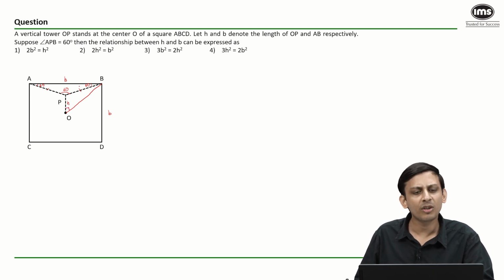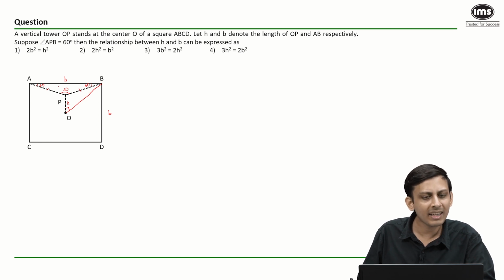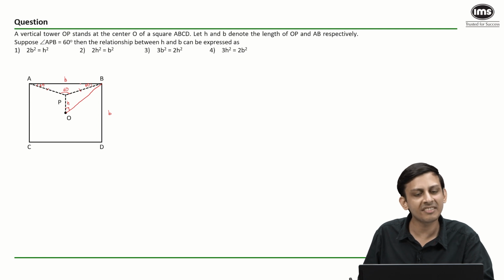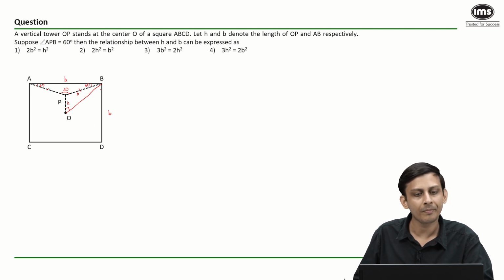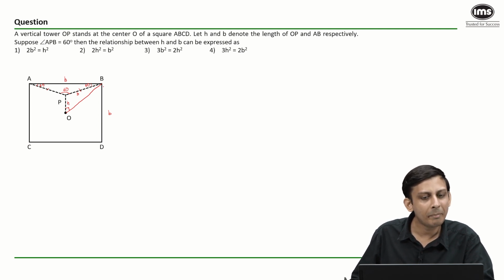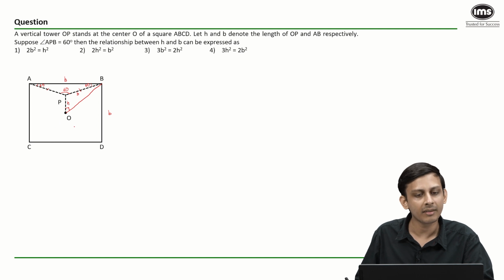Now we just need to express all the sides of this triangle in terms of H and B. So first of all, in this triangle APB, we can see that all the angles are 60. So all the 3 sides will be equal. One side is B. So this side will also be B. And if you look at this side OB, now BC is a diagonal of the square, and this OB will be half of the diagonal.